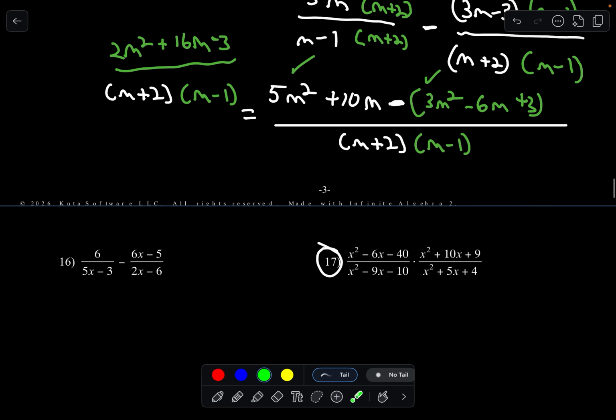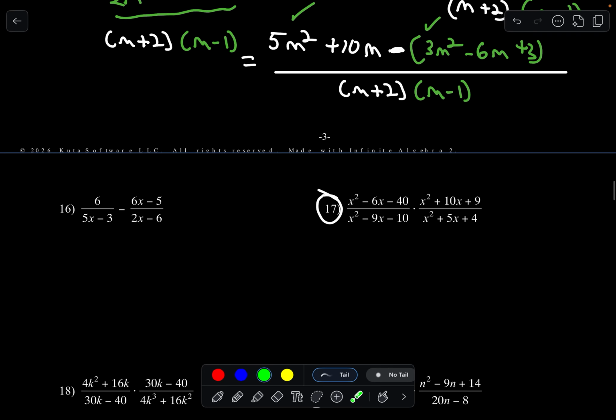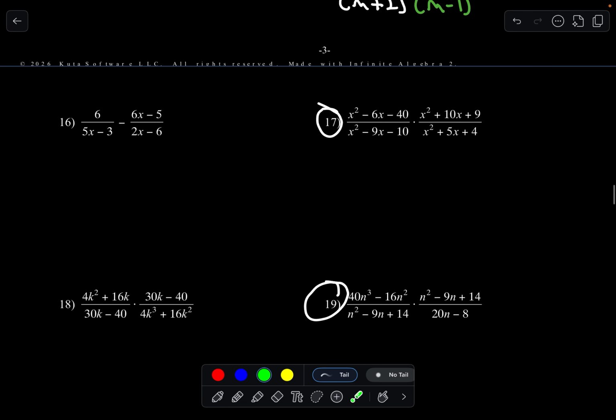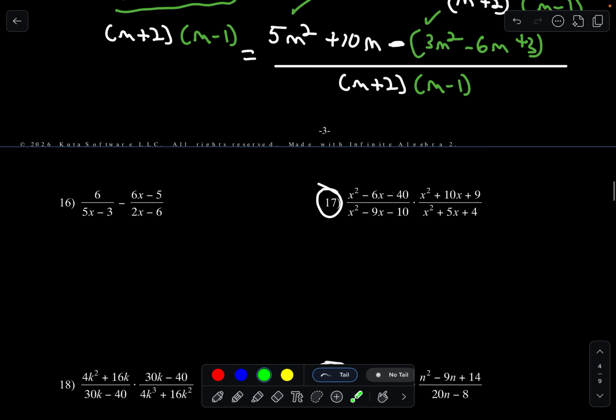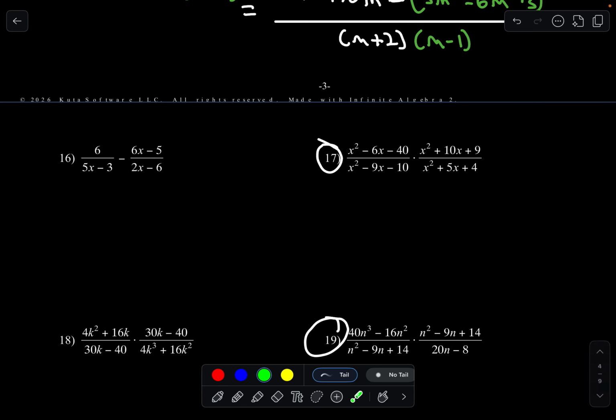All right. I also gave you the multiplication problem. 17 and 19, both kind of ugly. And then 21, because it's a division problem. Okay, so looking at this, notice when we're multiplying, you want to factor everything that can be factored. That's the key step.